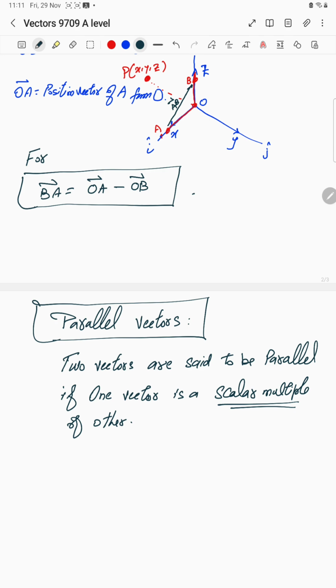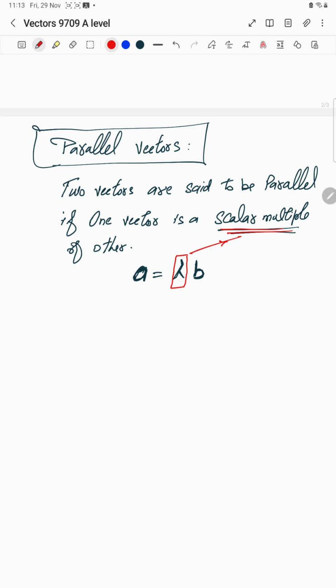Like in mathematics, suppose there are two vectors, A and B. I can write vector A, in bold letter, is equal to lambda, the Greek letter, times vector B, and this lambda is called the scalar multiple of the two vectors A and B. You can write this whole expression with a small letter with an arrowhead, or lambda B vector, it is the same.